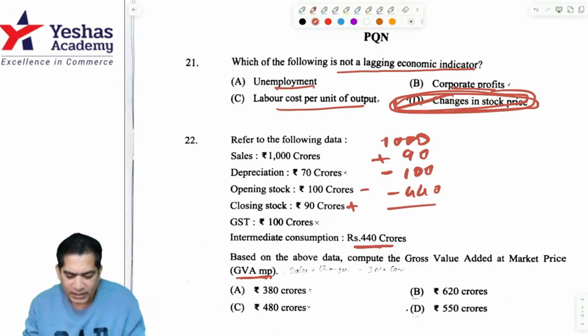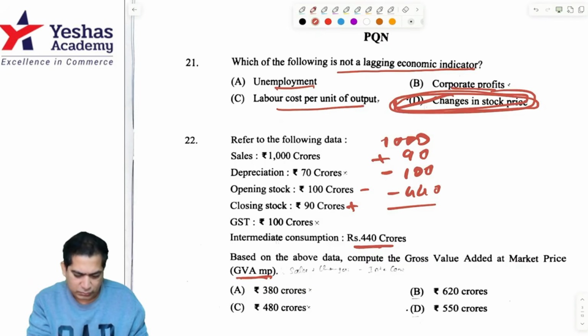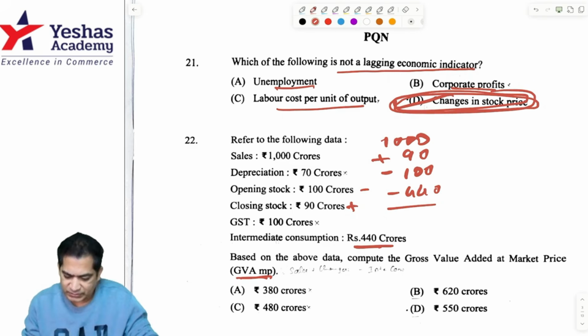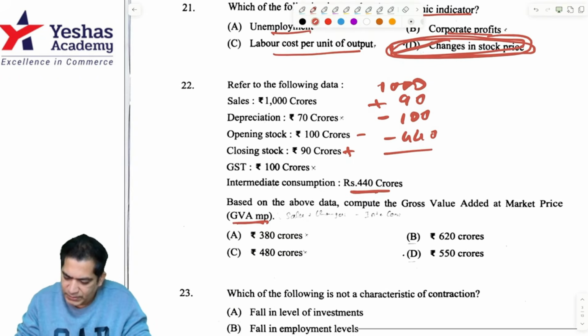So what answer do you get in this case? $550 is your answer. D is your answer.